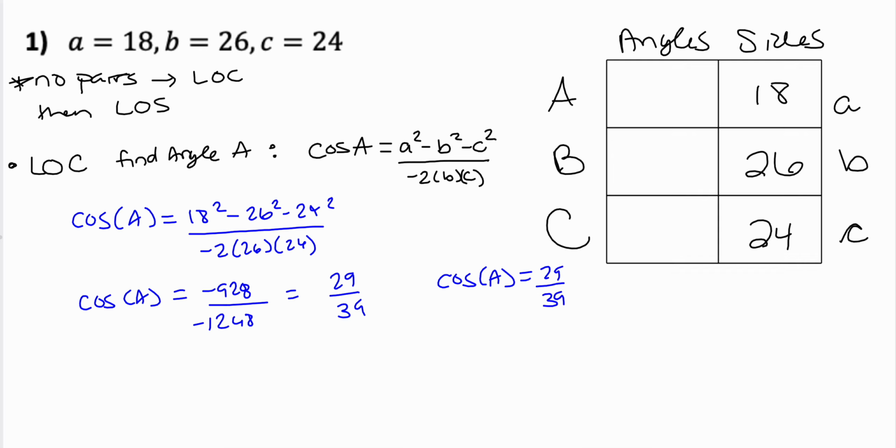Now to solve for A, you do the inverse of the cosine. So that's going to be cosine inverse and cosine inverse.